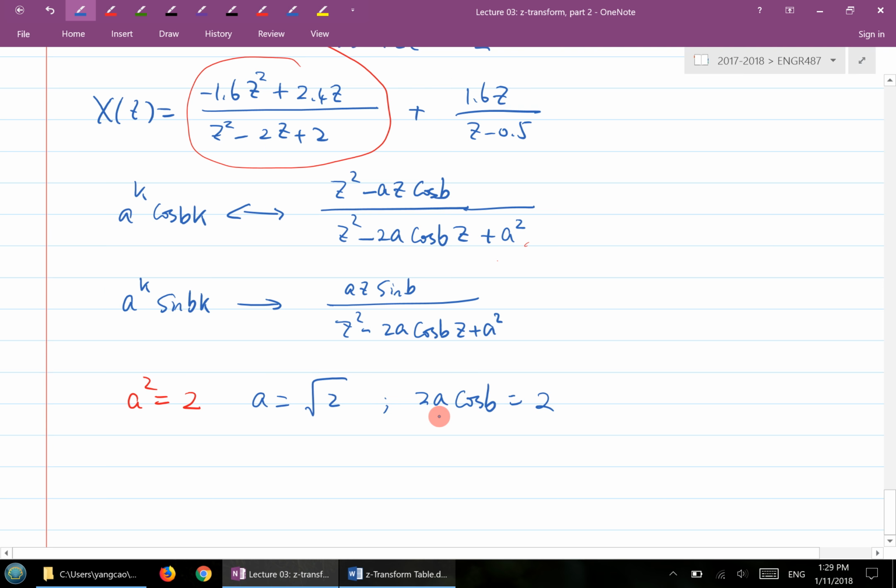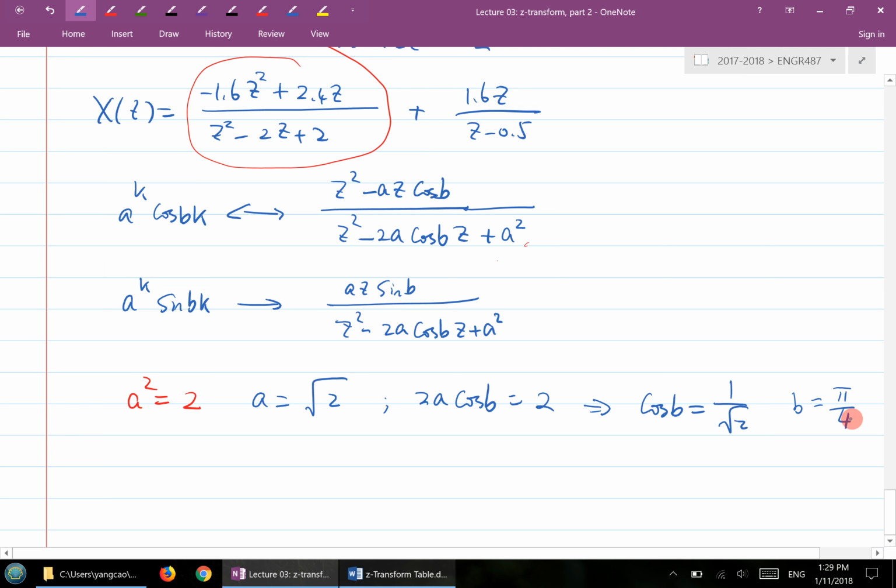We just solved a, which is root 2, so that brings us cosine b equals what? The 2 cancels, so 1 over root 2. Cosine b equals 1 over root 2, and what does that mean for the b value? b is pi over 4, 45 degrees.